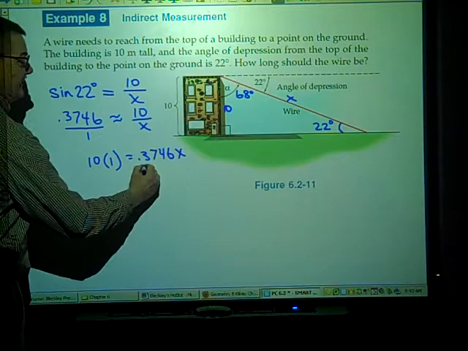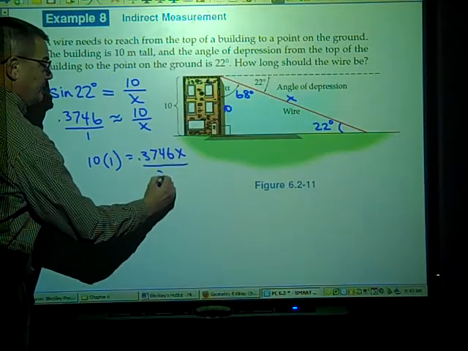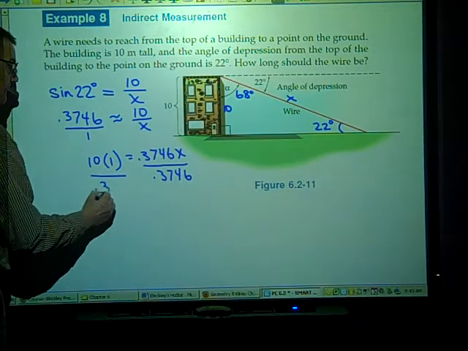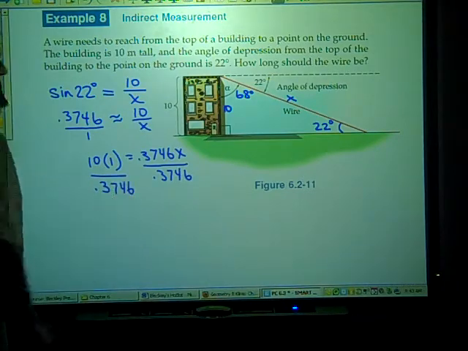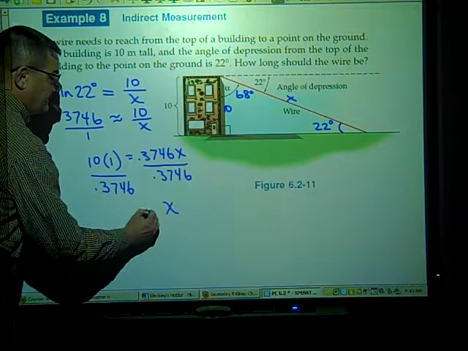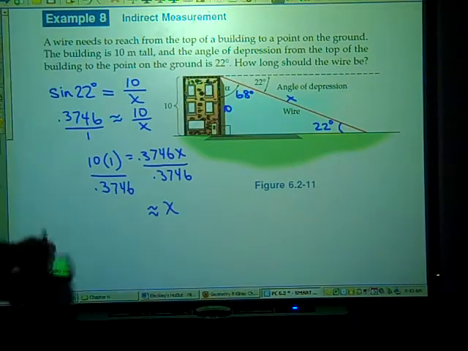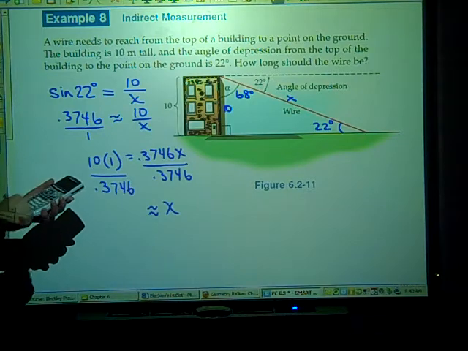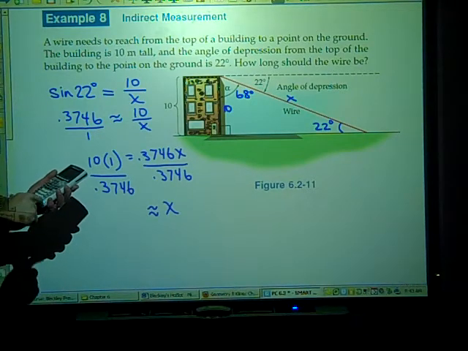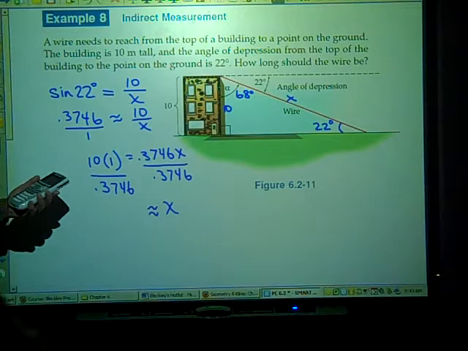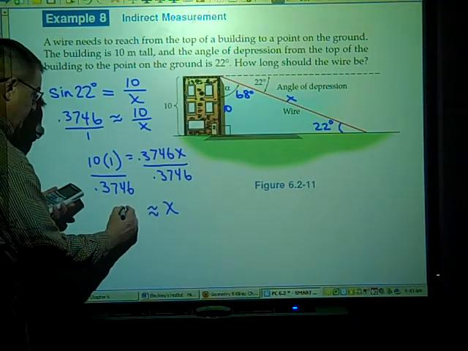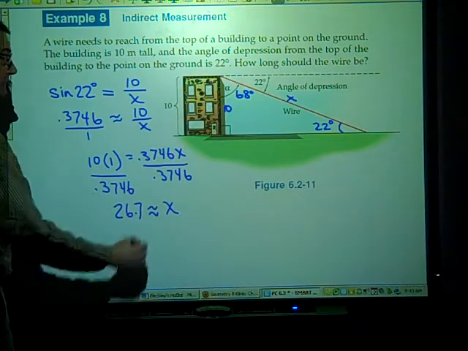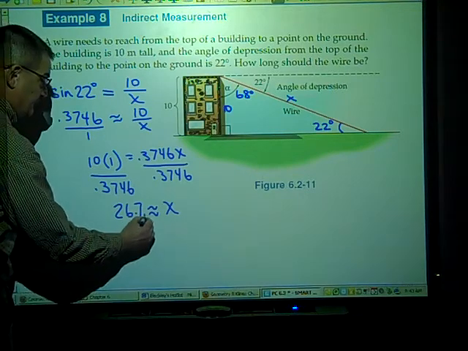And then to find x, we have to divide both sides by 0.3746. And we get x is approximately 10 divided by my previous answer, which was 0.3746. And we get approximately 26.7 meters.